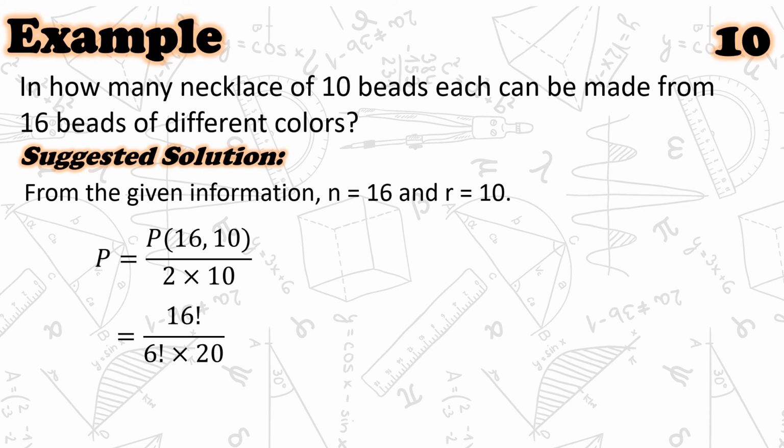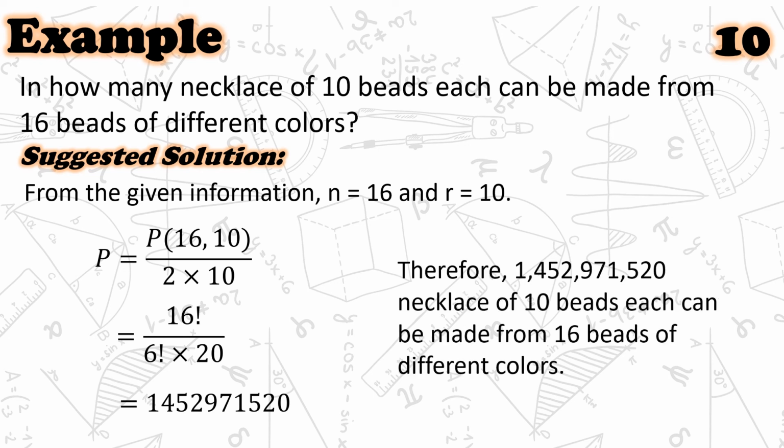So we have 16 factorial over 6 factorial times 20, and this is equal to 1,452,971,520 necklaces of 10 beads each that can be made from 16 beads of different colors.